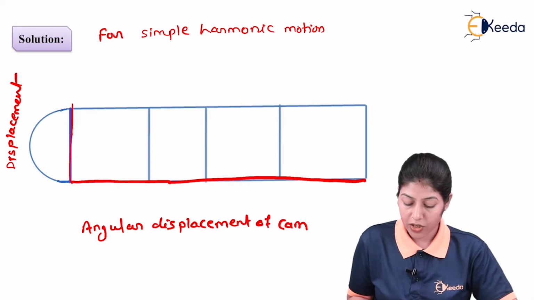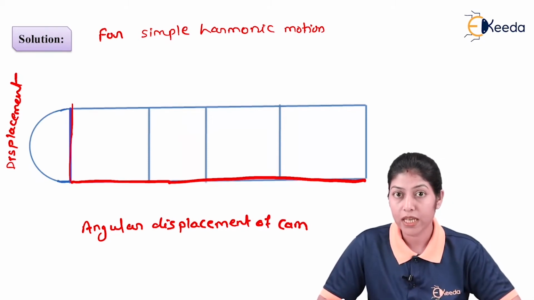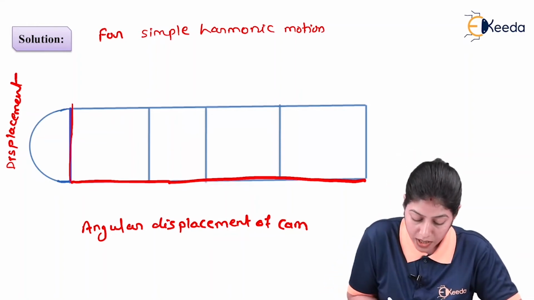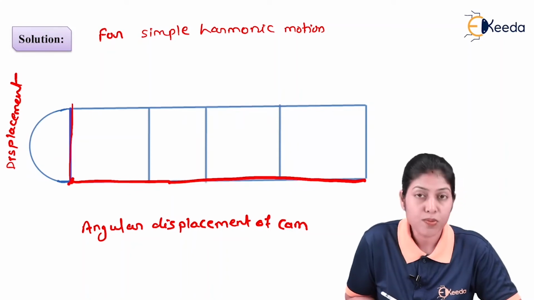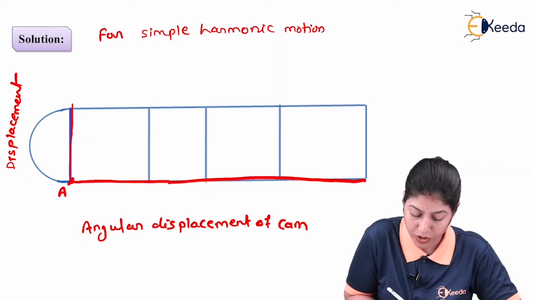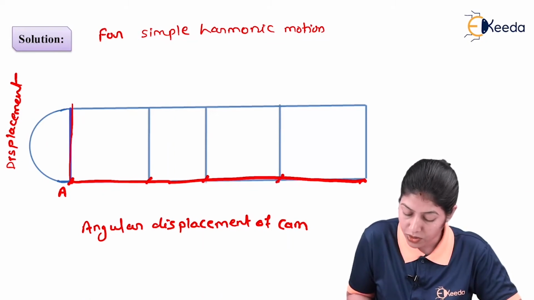As we know, this angular displacement of cam is divided into 4 parts: outstroke, dwell, return stroke, then dwell. Let us consider this point as the starting point A. From this particular point, we will mark the outstroke, dwell, then return stroke, then dwell.